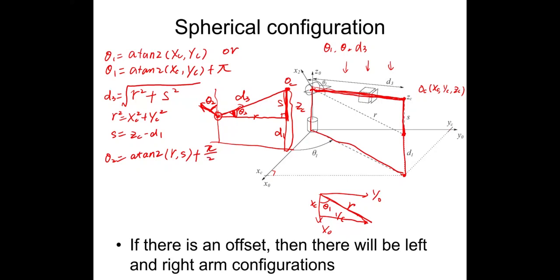This is because in this example, it already gave us theta 2, and so that is the small angle plus pi over 2. Okay, so that is pretty simple, right?